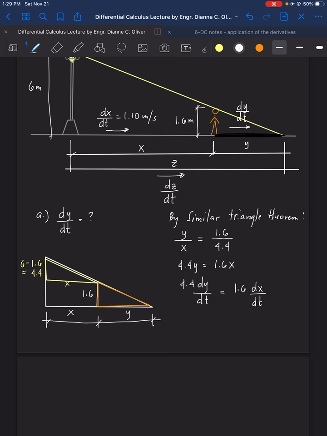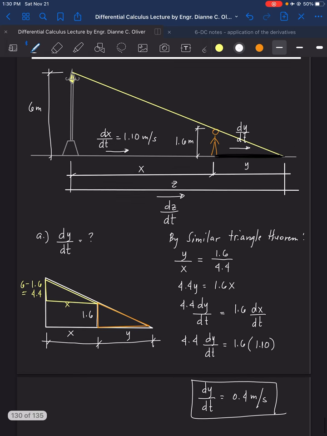Now, knowing that dx over dt is 1.10, therefore let's substitute the value. 4.4 dy over dt is equal to 1.6 times 1.10 or 1.1. Therefore, dy over dt is equal to 0.4 meter per second. So that is what is being asked.